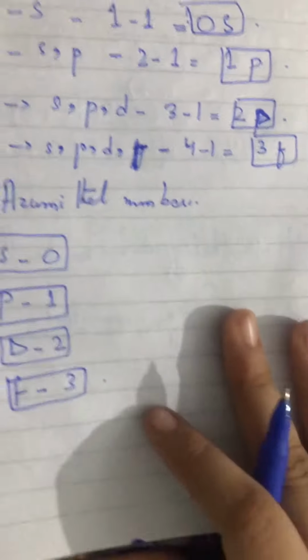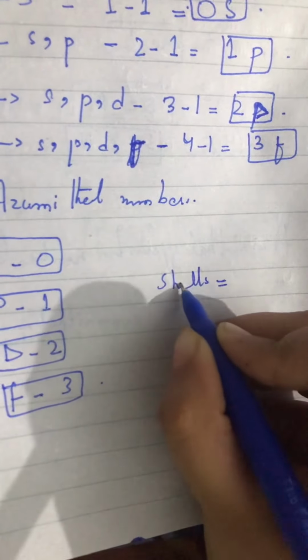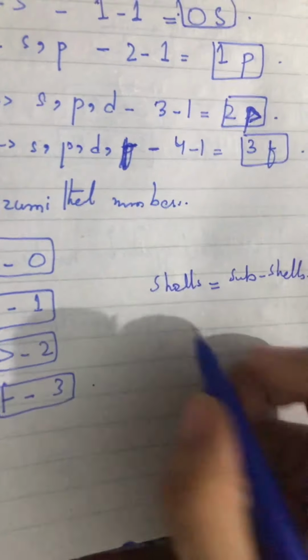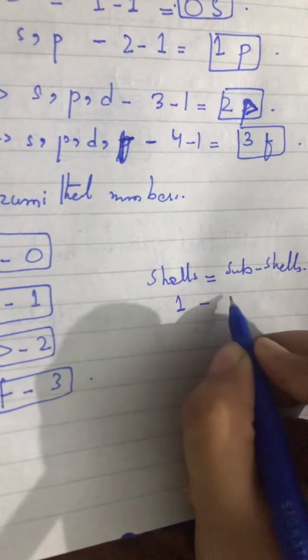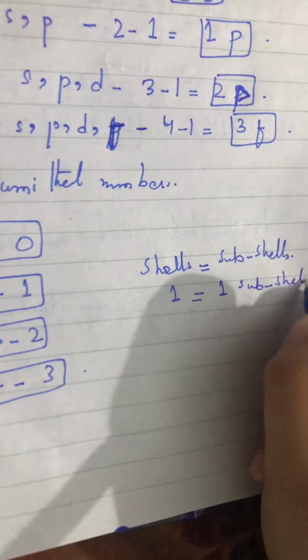Now one thing I will tell here, that the number of shells will be equal to the number of subshells, which means if there is one shell, there will be one subshell too.